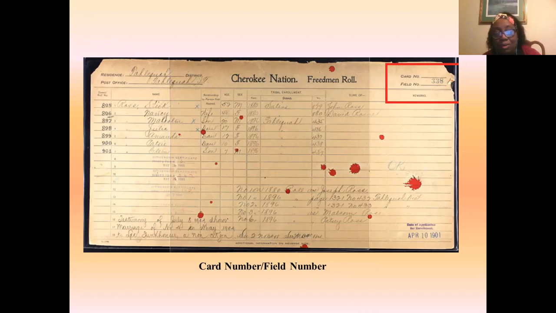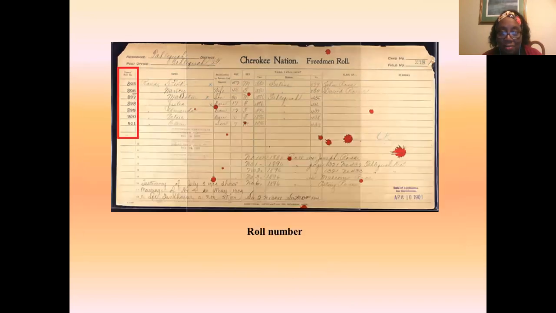It still doesn't matter because they become indexed by that number. If the card and the field number are filled in, usually Ancestry would index them by the card number. But it's still something you do want to pay attention to because when you're looking quickly, it helps you zoom in and find that card.